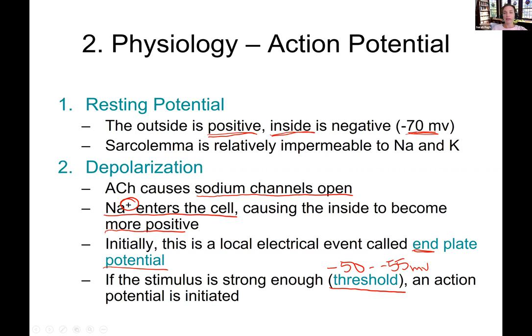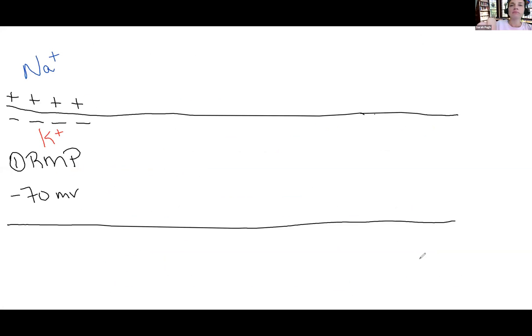So let's go back to our whiteboard and add this onto our drawing here. I told you that anytime acetylcholine is present, it gets picked up by those receptors on the motor end plate and it leads to depolarization. Depolarization means that sodium channels open.